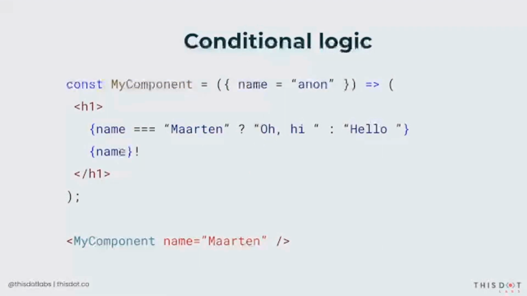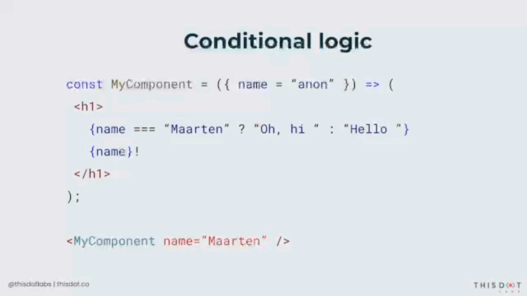But it doesn't mean that we can't have conditionals. So different props passed can go to different paths as long as they still output the same HTML every time. And we can see that here. We still have our component, which takes a name property.